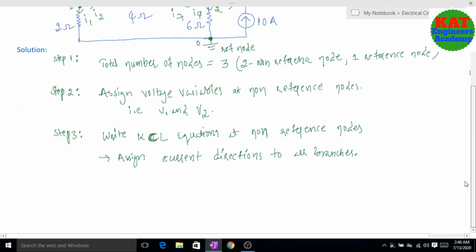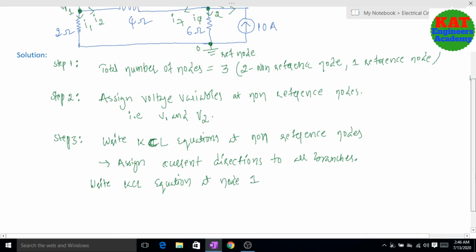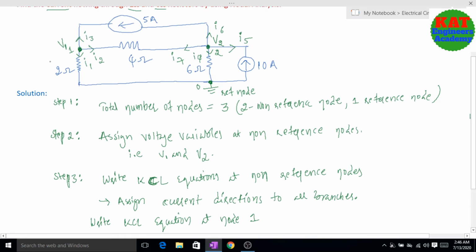Okay. Now finally write the KCL equation at node 1. So finally here I am writing the KCL equation at node 1. How many currents are here?